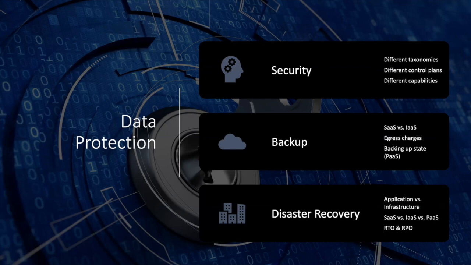A question from the audience is, can I talk about PaaS backup for a little bit? And I think I can equate PaaS backup to the same as what I just said about Lambda. So I can deploy Lambda code. And when I deploy Lambda code, that underlying code is stored in an S3 object.